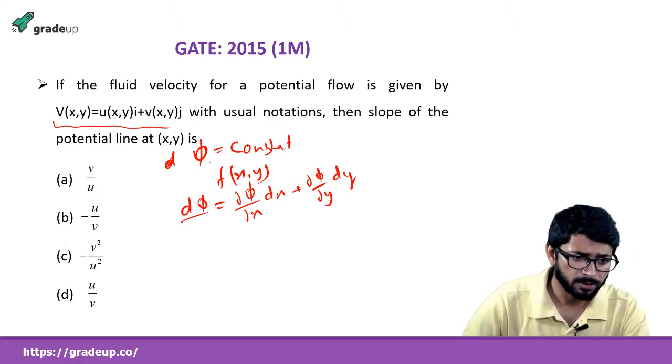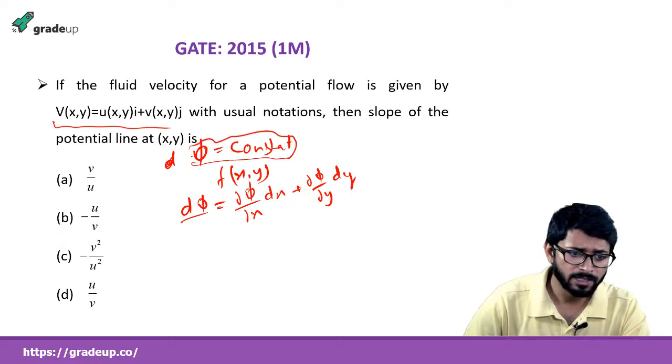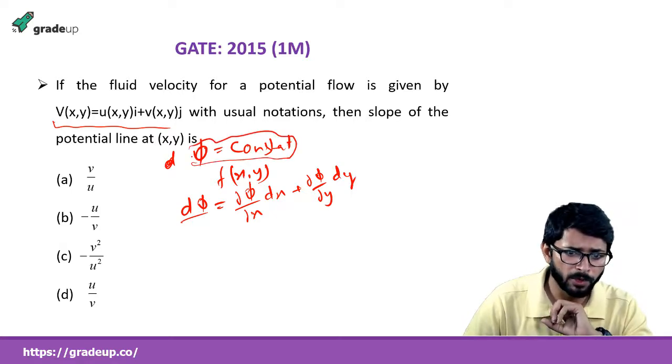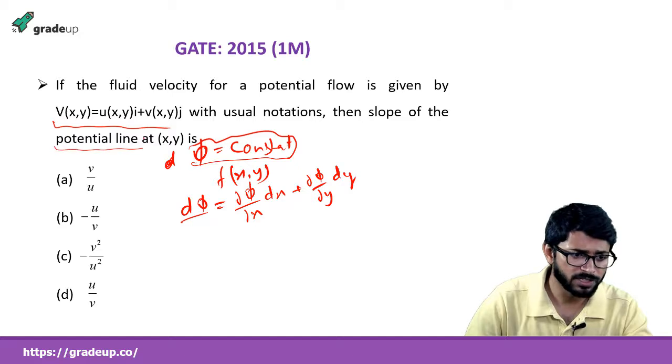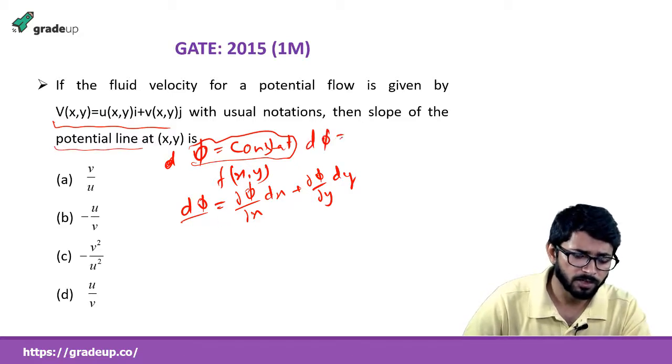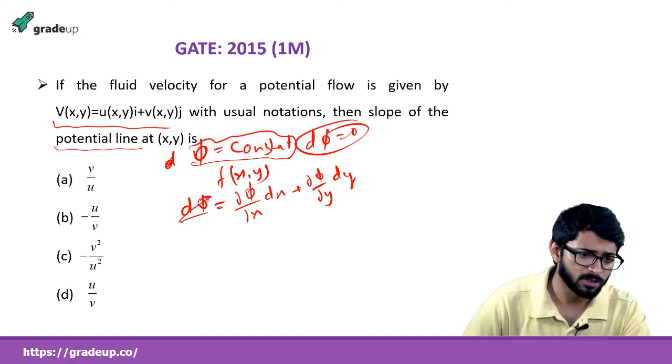But we have to find the equation of an equipotential line, that is, a potential line having the same potential at every point. So d phi will be equal to 0 because the potential is not changing.